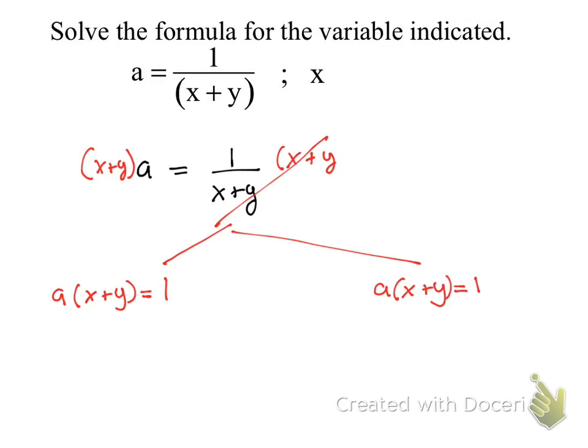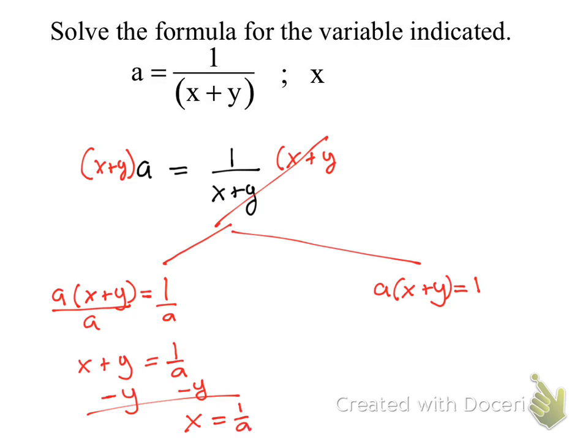Now, one way we can do this is we can divide by a. X plus y equals 1 over a. And then what? Minus y. We get x equals 1 over a minus y. That's one way to do it.